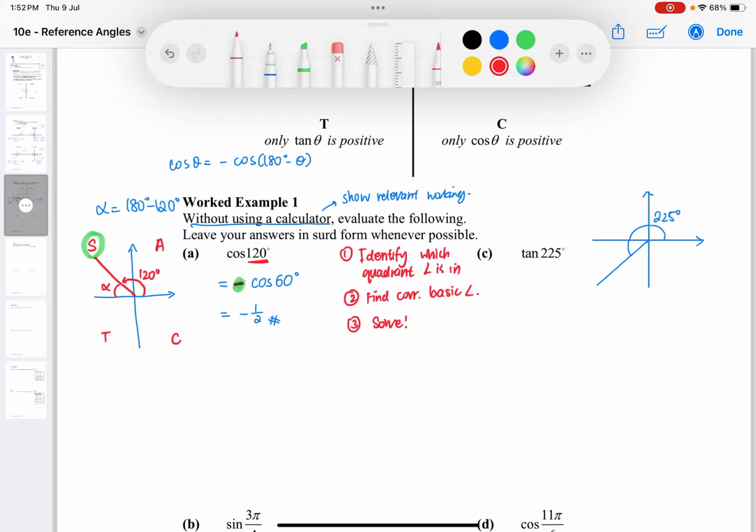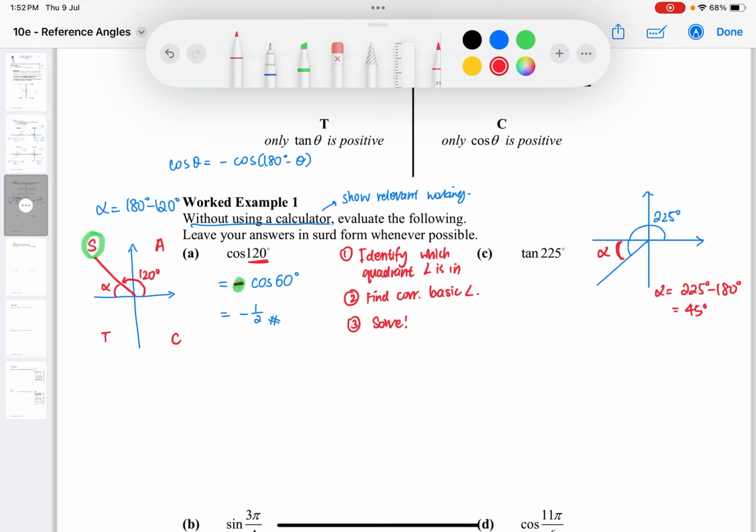Okay, and where is the corresponding basic angle for this angle 225? It's the angle between the line and the x-axis. So it's over here, and this is our alpha. So alpha will be 225 minus 180 degrees, right? Which is 45 degrees.